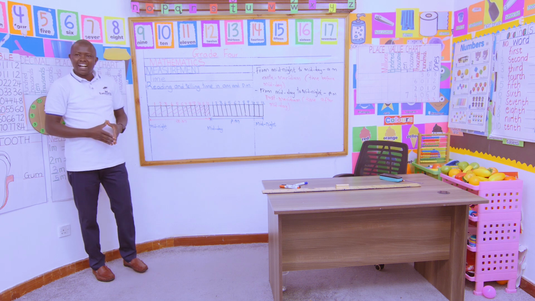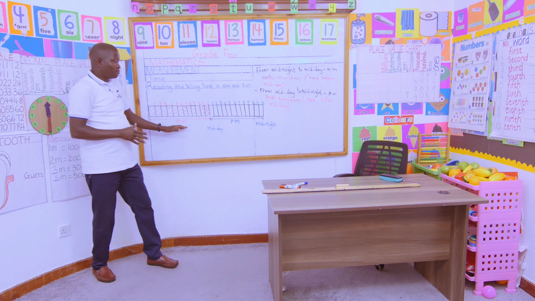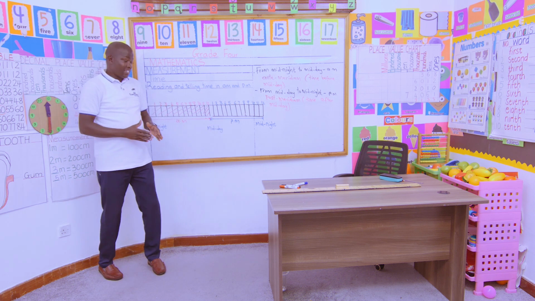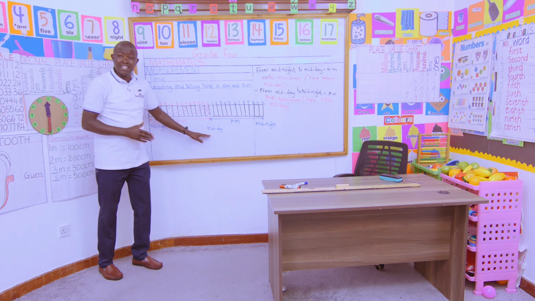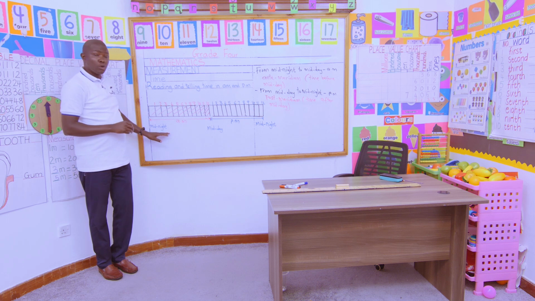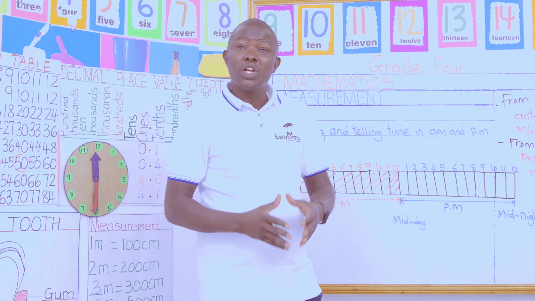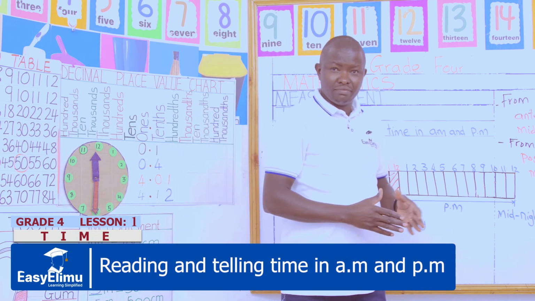Now, I ask you a question, learners. The time we come to school in the morning, is that time AM or PM? John, it is AM because it is in the morning. It is before midday. We come to school before midday. So that time we call it AM. And you, Victoria, the time we go home from school, is that time AM or PM?